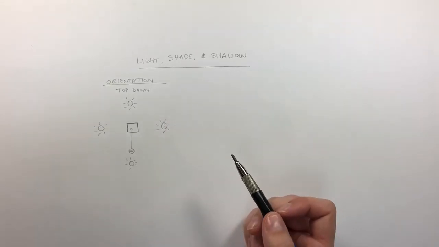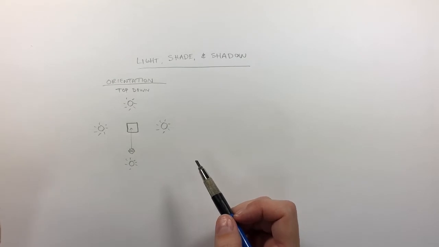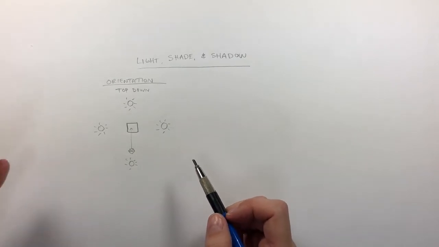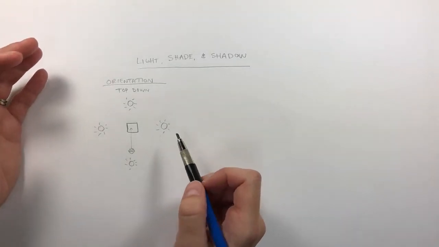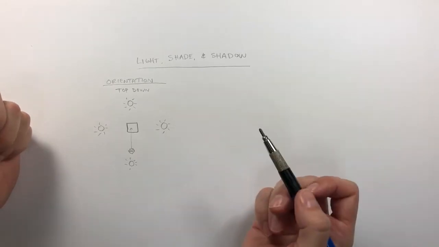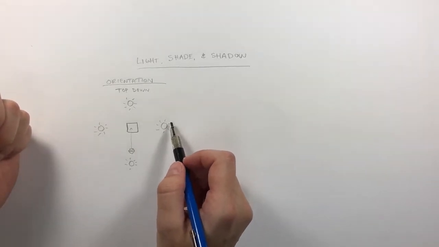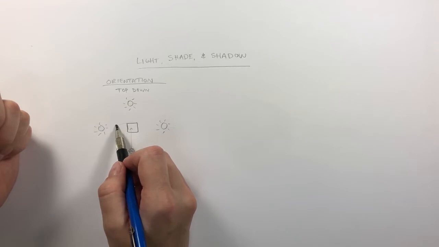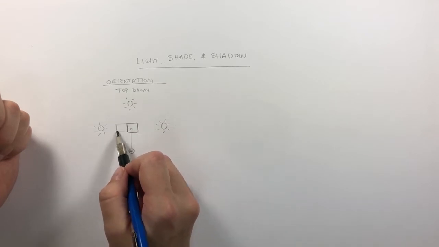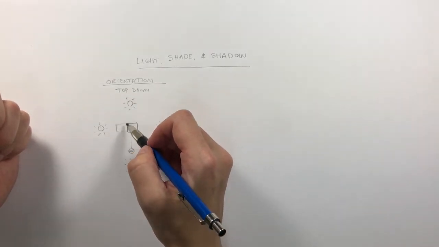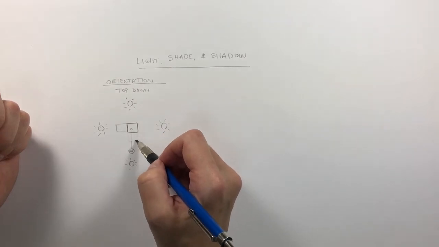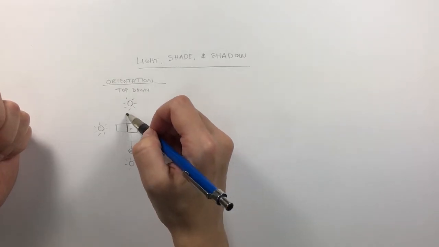What we need to figure out is where our sun is. And this is going to help figure out where our shadow will be. So if we were to look at this sun here, this sun would create a shadow that would be in this direction. If this was our sun here, this would create a shadow in this direction. And this one here would create a shadow in this direction.